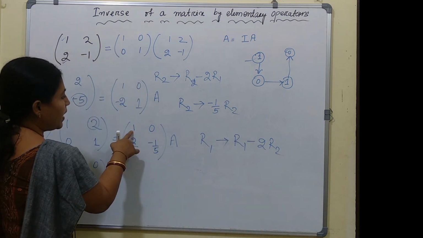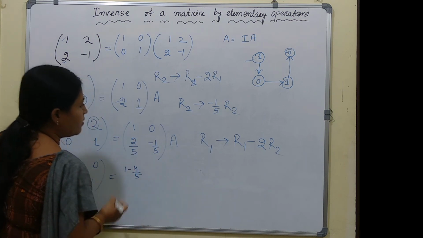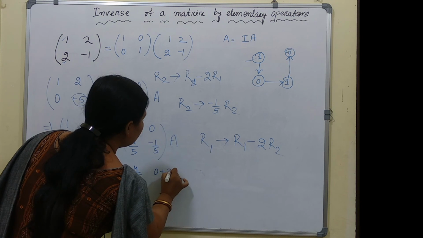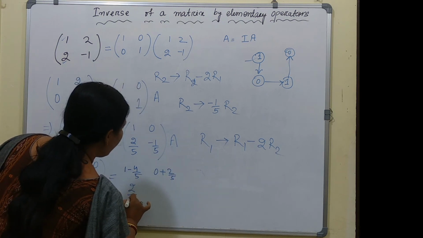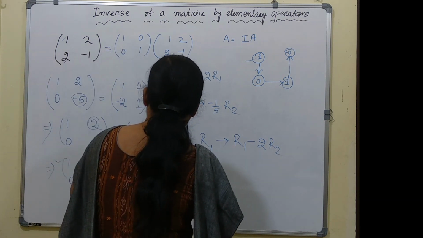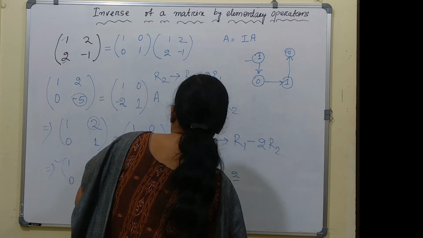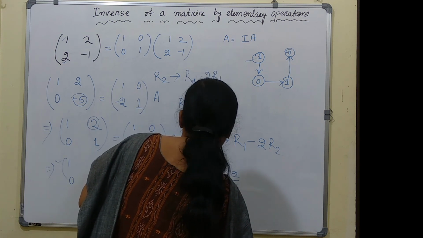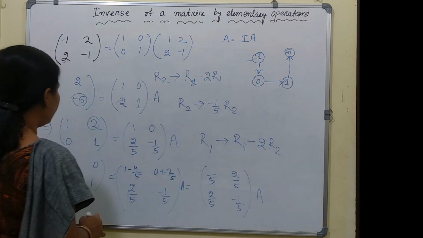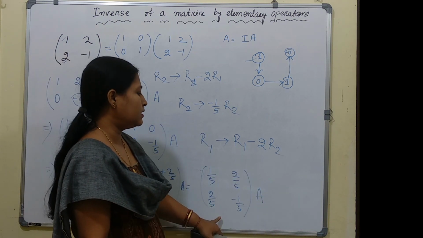So 1 minus 2 into 2 by 5, that is 1 by 5. Then 0 minus 2 into minus 1 by 5, that is plus 2 by 5, and 1 minus 2 into 2 by 5 gives 5 minus 4 over 5. So we get 1 by 5, 2 by 5, 2 by 5, minus 1 by 5 into A. Here we get the unit matrix I, and this is the inverse of the matrix, that is A inverse, and A.